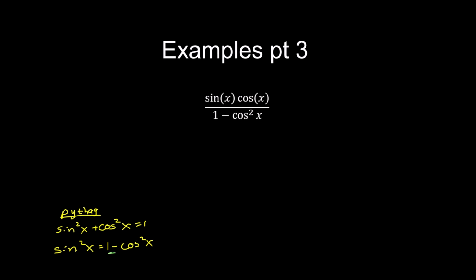Well, now we have 1 minus cosine squared x. So 1 minus cosine squared x is equivalent to sine squared x. So that whole denominator is actually just sine squared x. Let's recopy that numerator down so we don't lose anything.